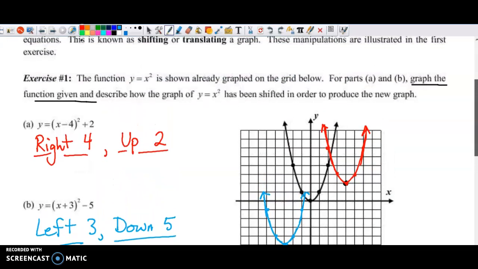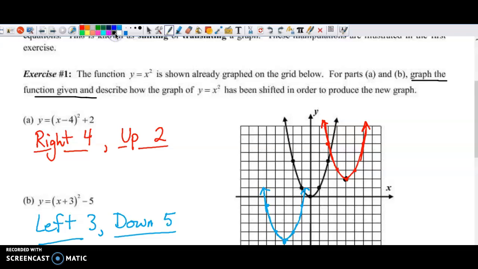What's happening is that in these forms, sometimes we'll write this as x minus h squared plus k. Notice that this minus is important: if you see the phrase minus that number, and I'm using h because you'll see it that way in the future, that's going to be right that many units, whereas if you see plus h, it's going to be left that many units.